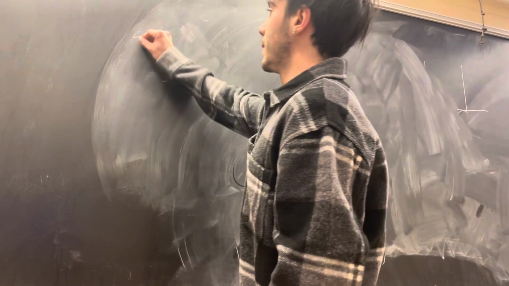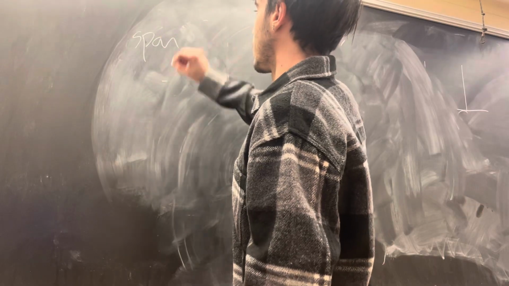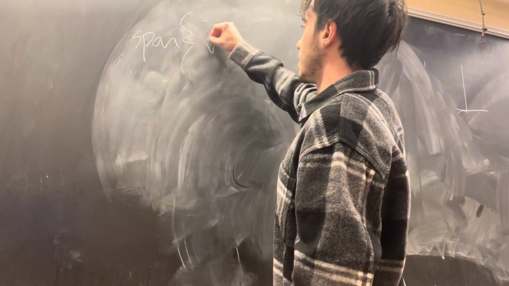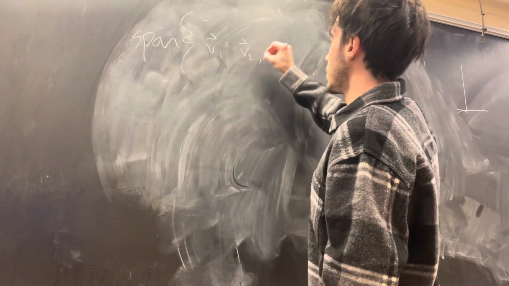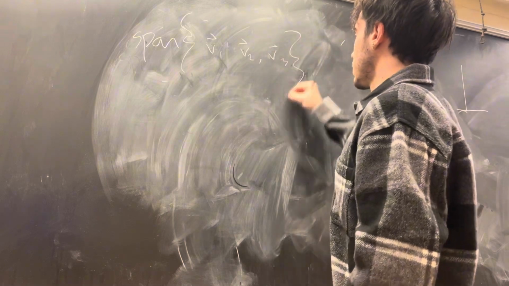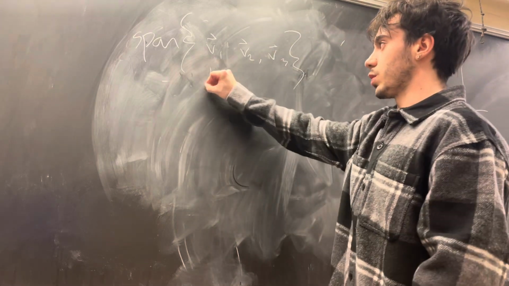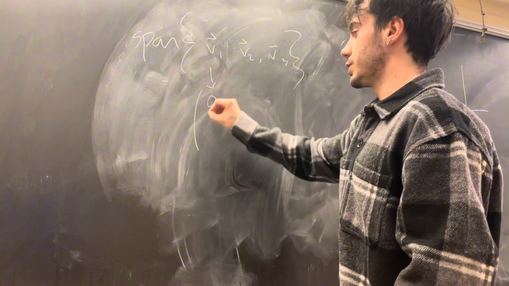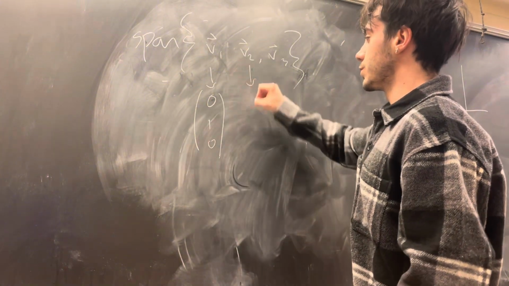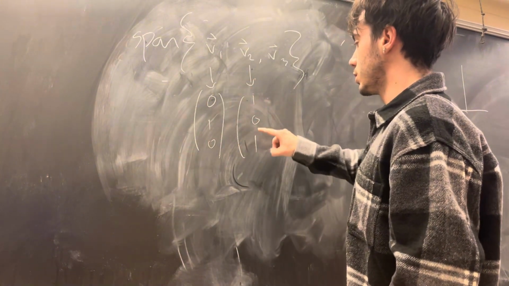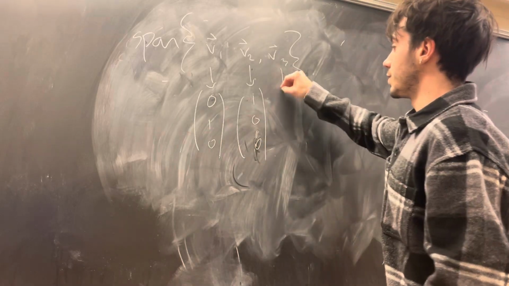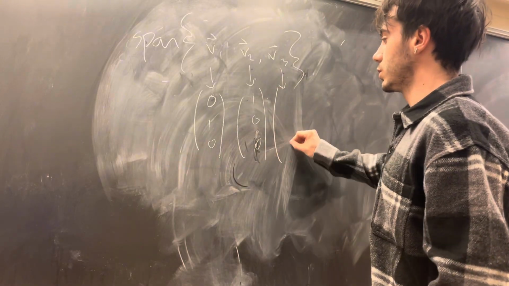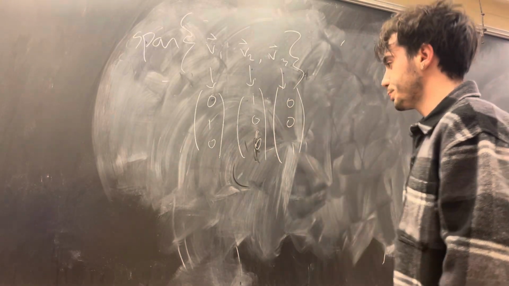Let's say you want to find the span of vectors v1, v2, v3. Well, let's define these where we have v1 as 0, 1, 0, v2 as 1, 0, 0, and v3 as 0, 0, 1.